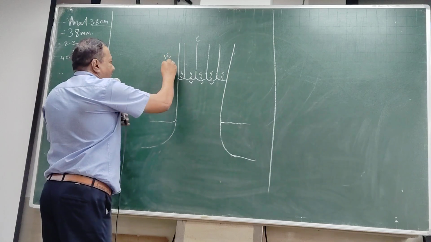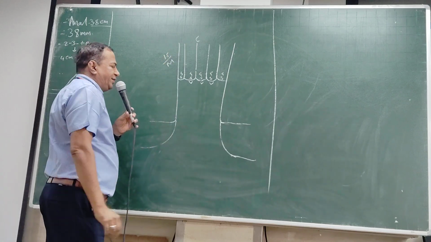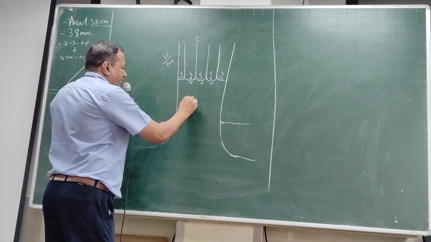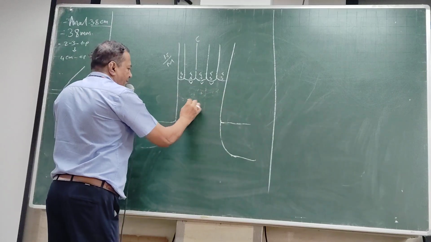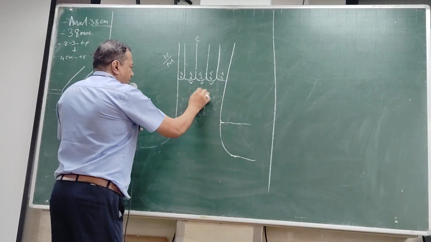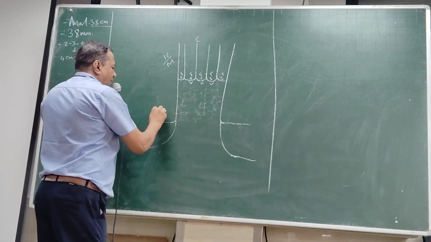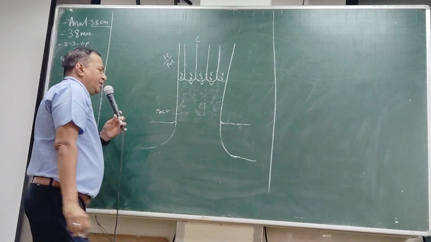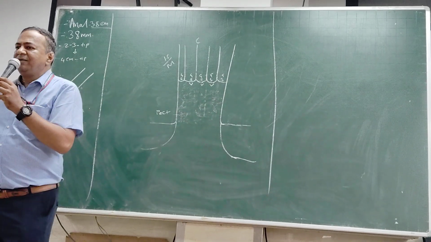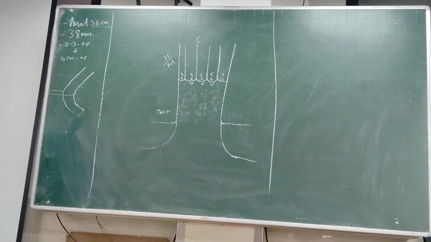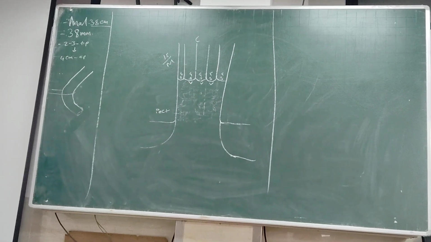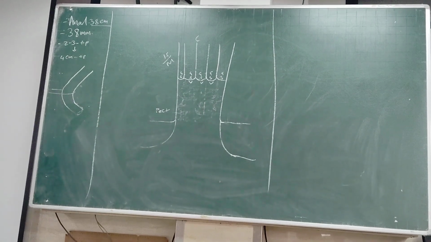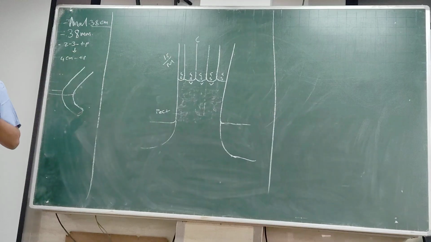So this is the upper 15 millimeters, which is the mucous part. The next 15 millimeters is the pectinate part, which has some venous sinuses below the mucosa.